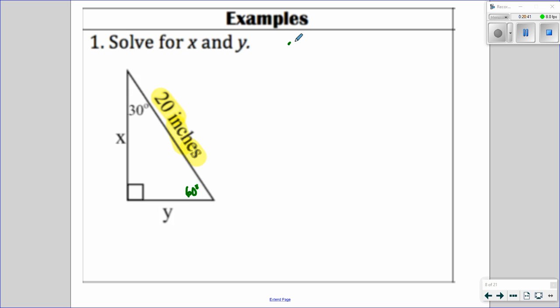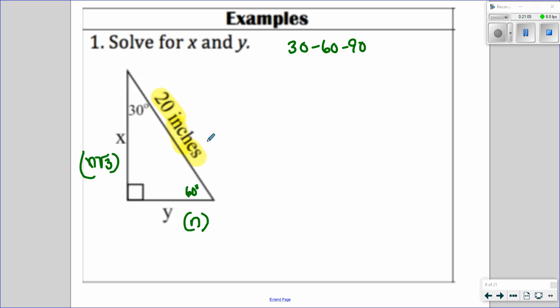So since we know we're dealing with the 30, 60, 90, I'm going to label the sides with the side ratio. For the short leg, it's going to be n. I'll put n here. And then for the long leg, that's going to be n root 3.